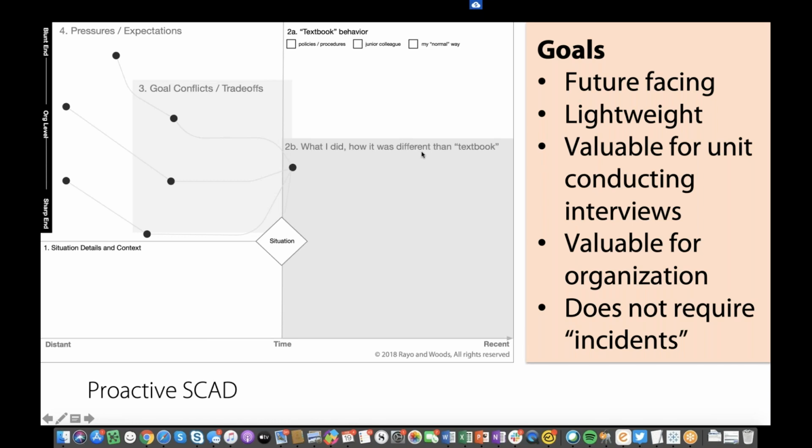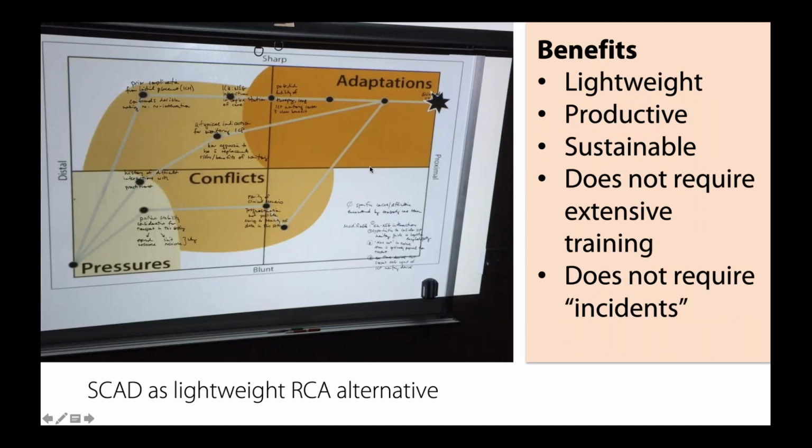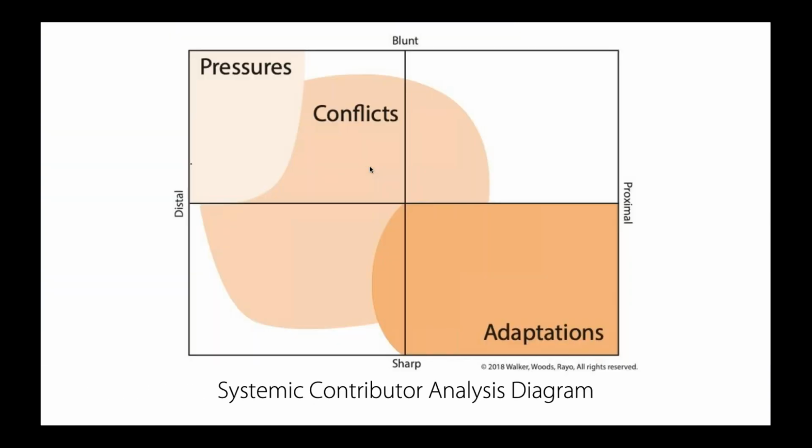Okay, and then the question, what are the dots, what are the lines, and how do you actually create the catalog of pressures? So we put these in the cartoon. If you notice, there are no lines on this one, and we can deliver it this way: you put your adaptation, or maybe one adaptation was actually the result of other adaptations up here, and then you can put as many conflicts as you want and as many pressures as you want, and then you want to connect them.